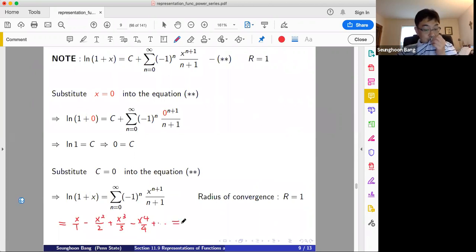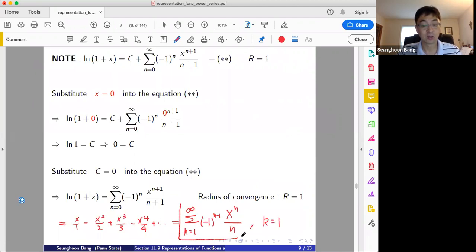I can change it to summation form. The initial index is just 1 to infinity. How can you do that? You change to n equal to 1. The first term is positive, the second term is negative, exactly. So minus 1 to the power n minus 1, and then x to the power n over n. This one has radius r equals 1.